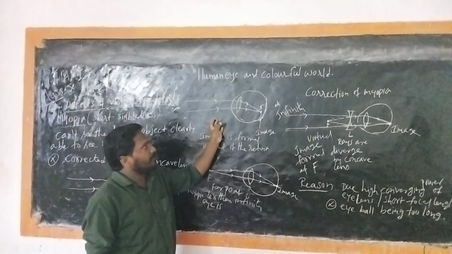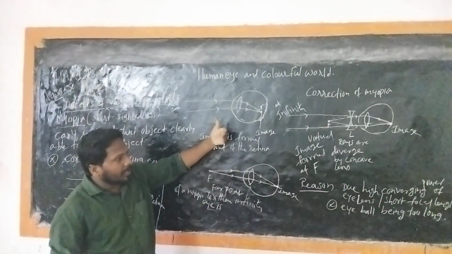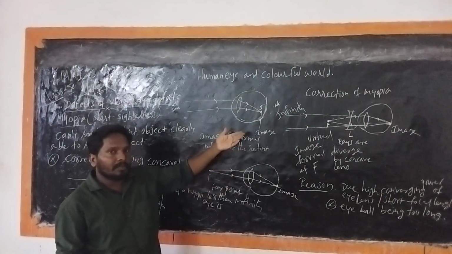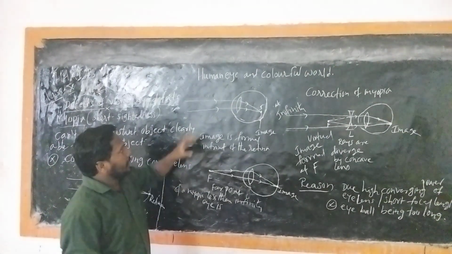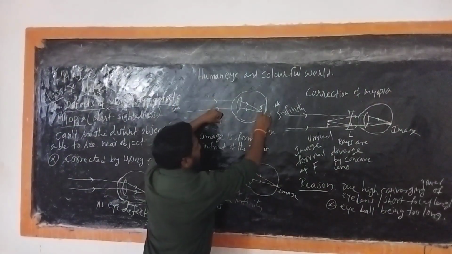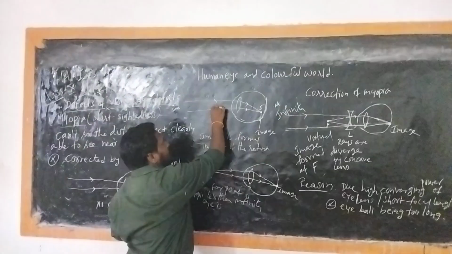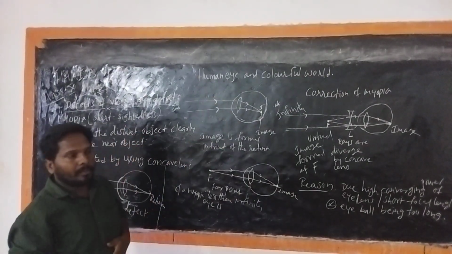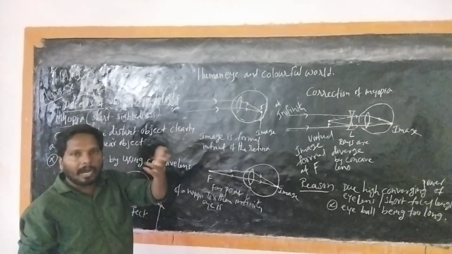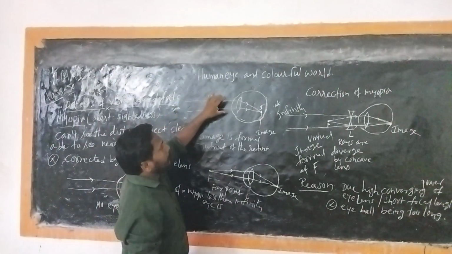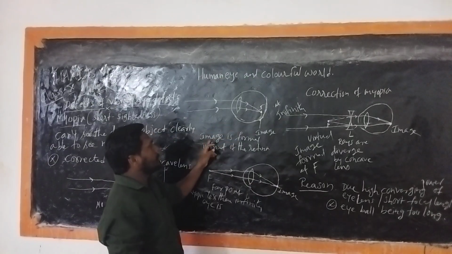If the person is suffering with myopia, due to the more converging power or the short focal length of the eye lens, the image is formed in front of the retina. So if the person is unable to see the distant or far object, the image of the object is formed in front of the retina.